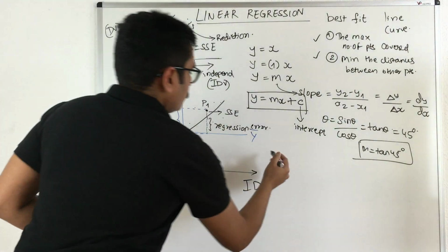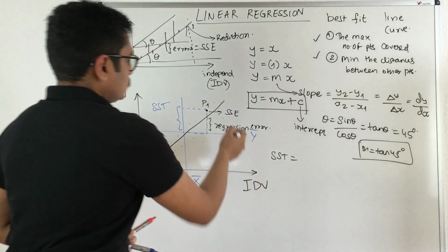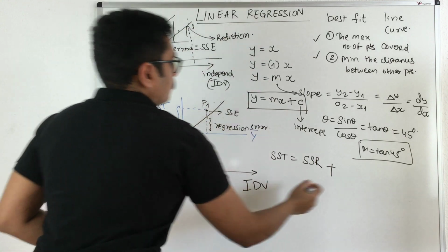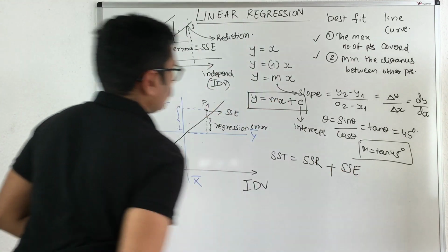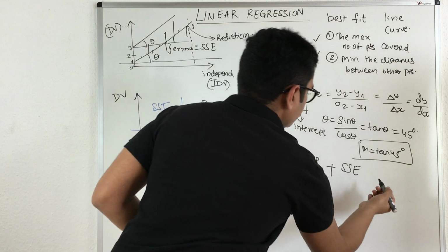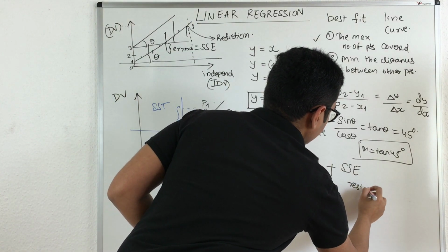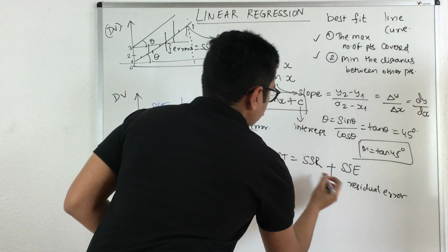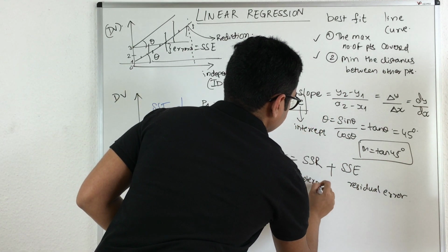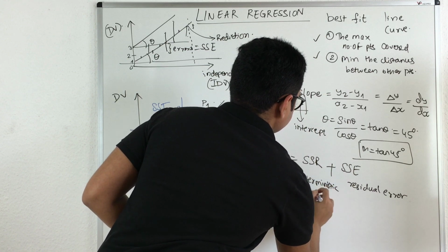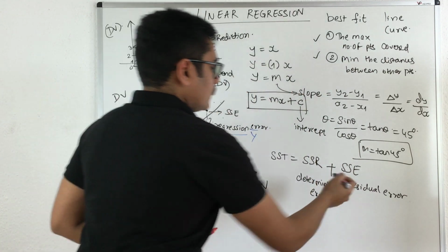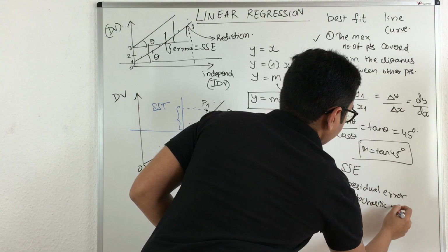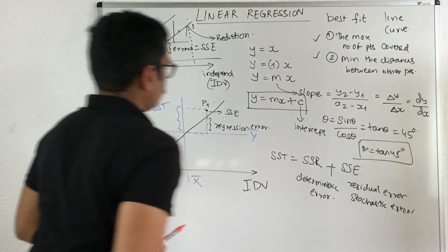So your total sum of squares consists of the regression error SSR, I'll just represent, and this SSE. SSE is also called your residual error, and SSR is called the deterministic error. In fact, residual is also called the stochastic error, which is seen in your model.